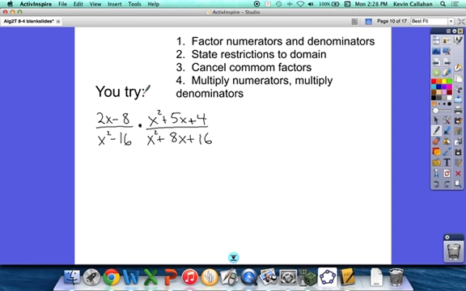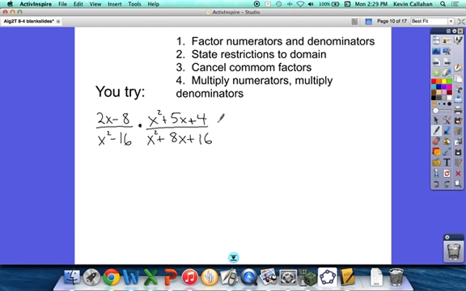And what's left? 2 times x plus 1. Why is there 2x plus 1? You canceled that, or you canceled that? Just 2 times x plus 1. Okay. And the denominator, there's still an x plus 4 times an x plus 4. Okay, so just that one is extra. Everything else is right.